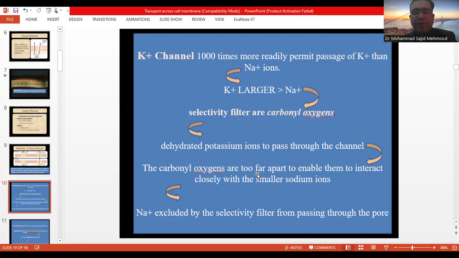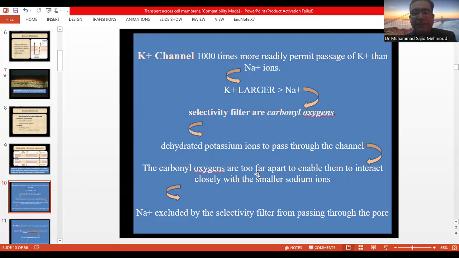Whenever the ions are present in the intracellular fluid and extracellular fluid, they are usually hydrated, that is, they are bound with water molecules and their size is massively increased. But when they pass through their pores, there is dehydration of the ions, and the dehydrated ions become much smaller in size and can easily pass through the channel.